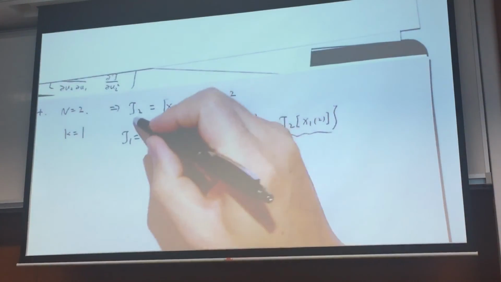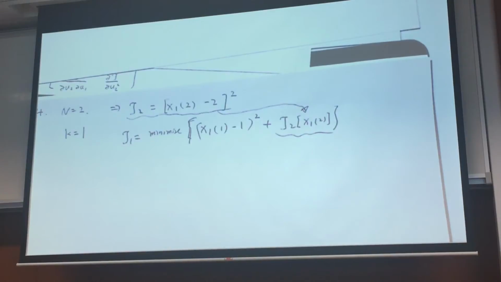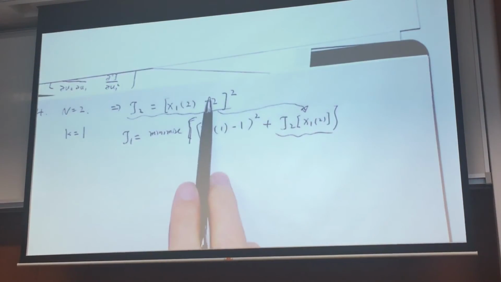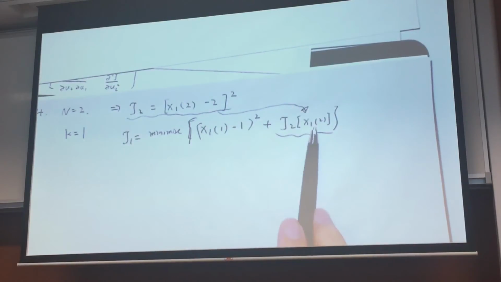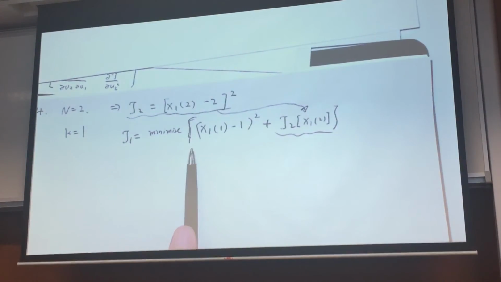This part is just the same as here. We are using the results from the last step, so we can do the optimization iteration by iteration and backwards.